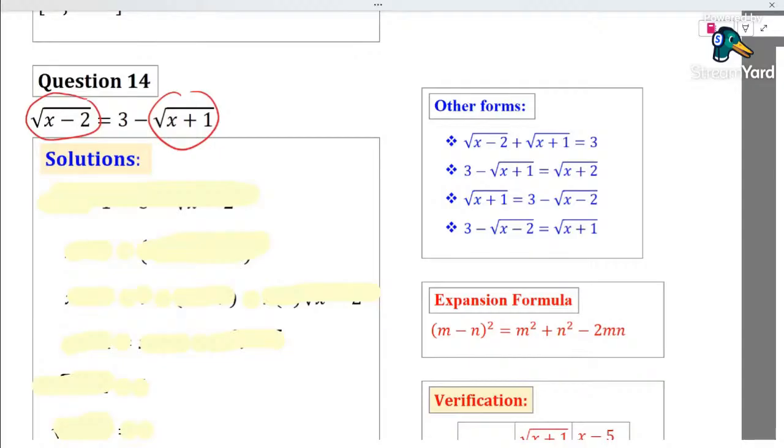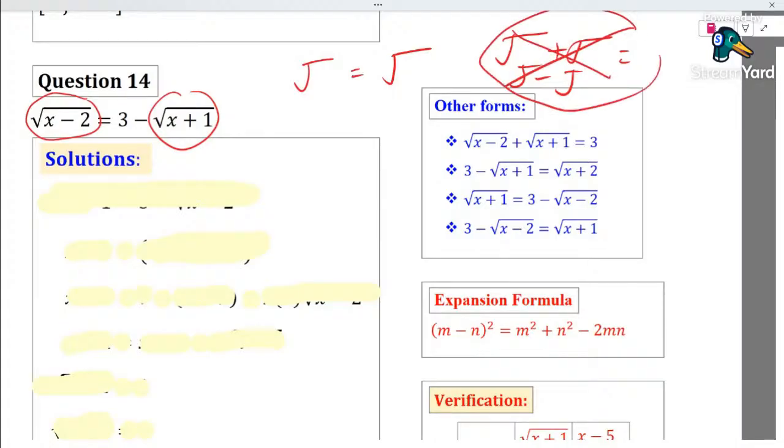The best formation is that we want to have one square root on each side. We don't want square roots on the same side, whether plus or minus like this. Not to say this formation is wrong, but later when you square both sides and expand, it will take time to multiply. So we avoid having two square roots on the same side. We try to make one on each side.